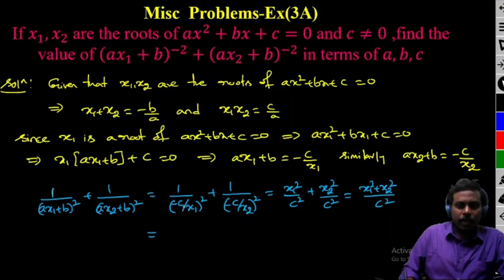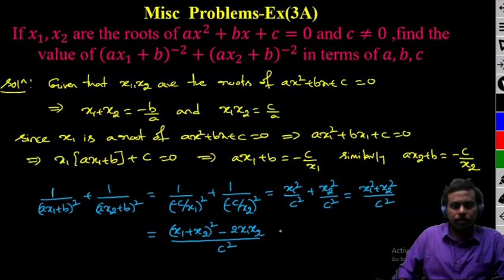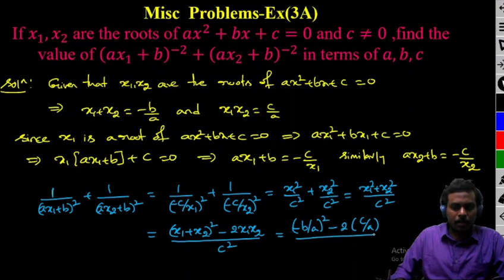Now the numerator quantity can be rewritten as (x1 plus x2) whole square minus 2 into x1 x2, divided by c square. So I substitute: what is x1 plus x2, it is (minus b by a) whole square minus 2 into c by a, divided by c square.